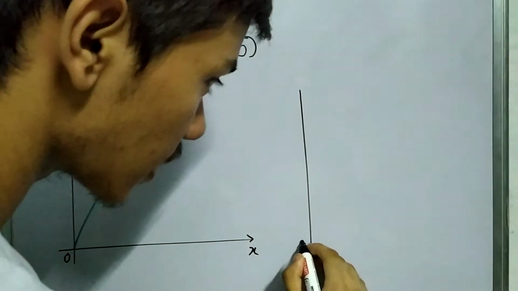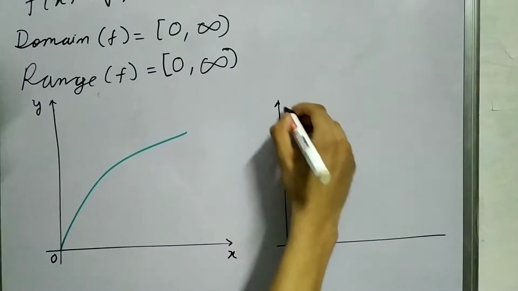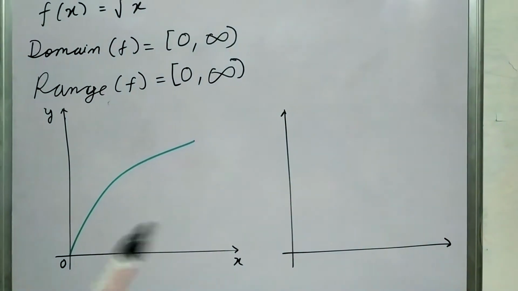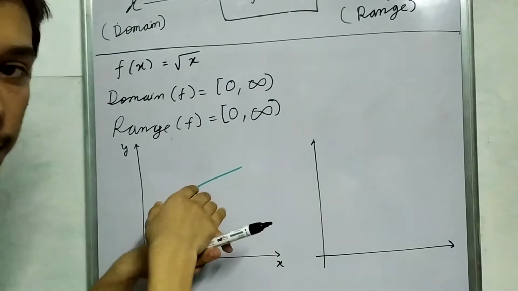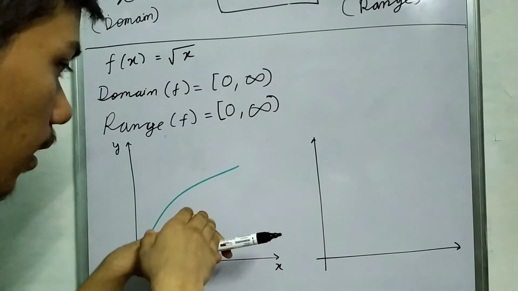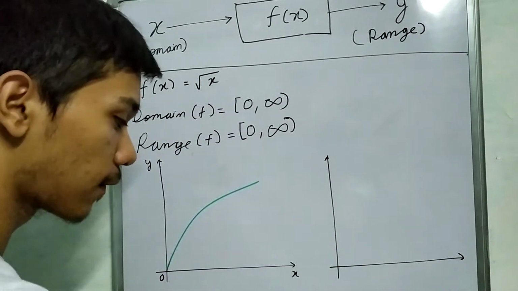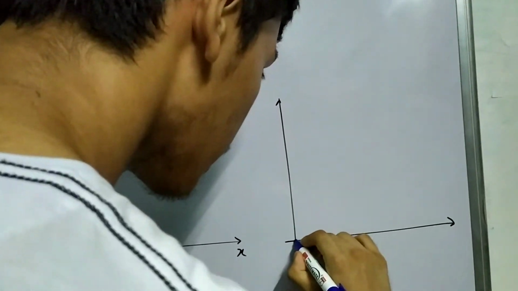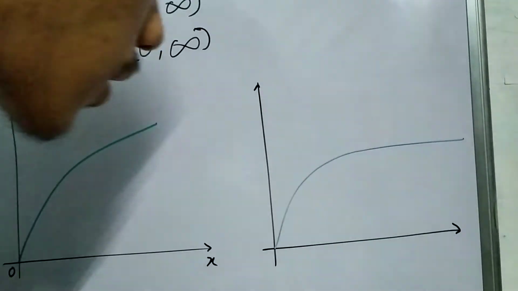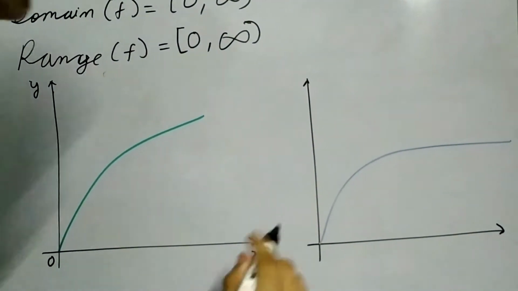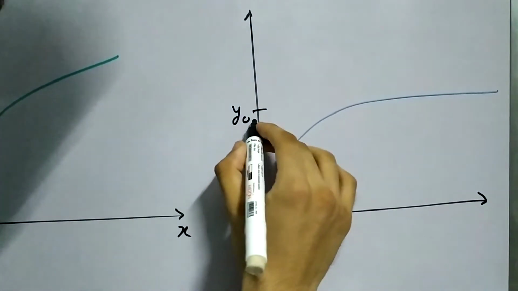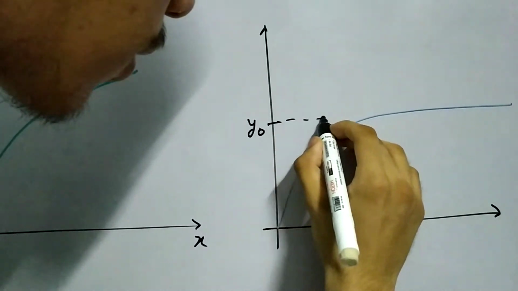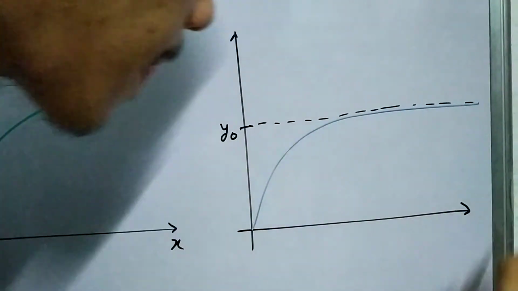Now, an interesting thing is that we do have some functions which look like root x, but they gradually approach some value of y. They look something like this, and let me call this value y0.